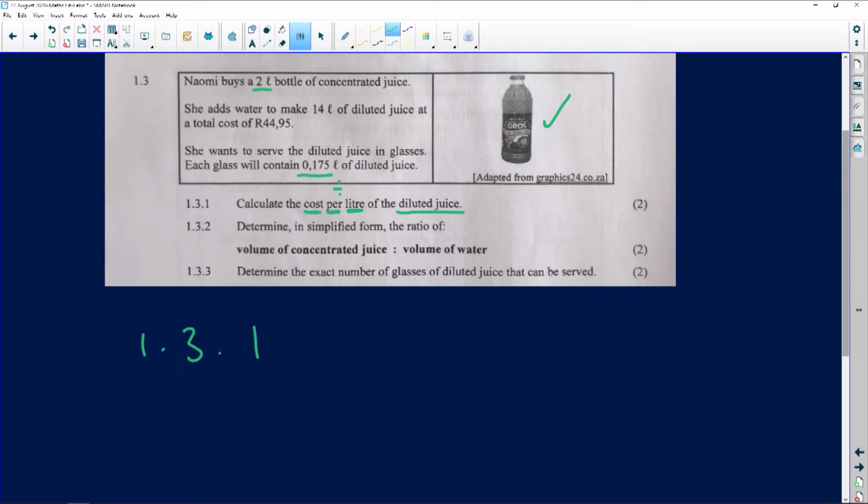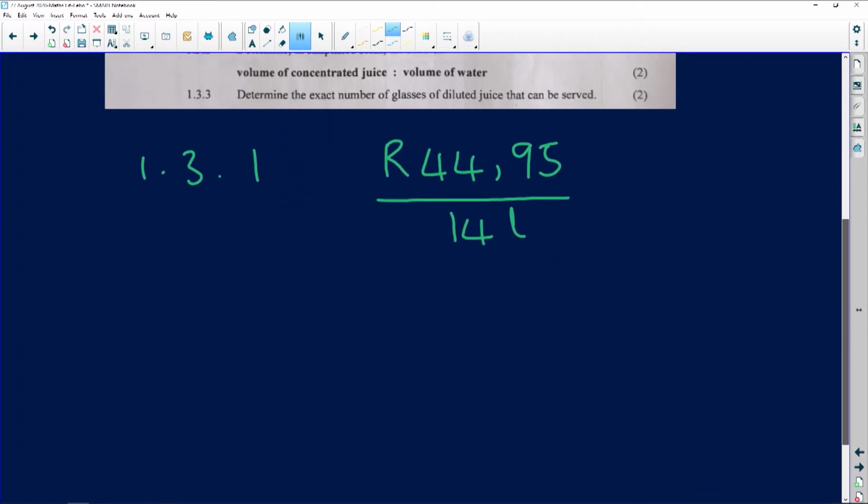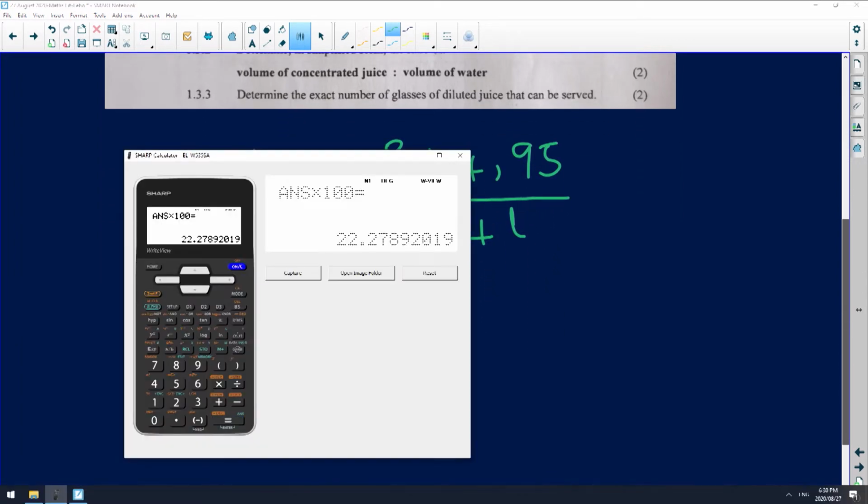So that's going to be 44 Rand and 95, and we are going to divide that, because it's per, by the 14 liters. So let's see how much that is going to give us. 44 Rand 95 divided by the 14 liters gives us 3 Rand and 21 cents.